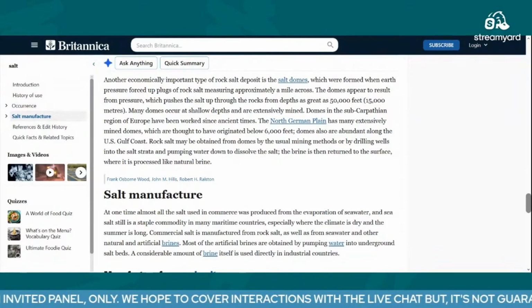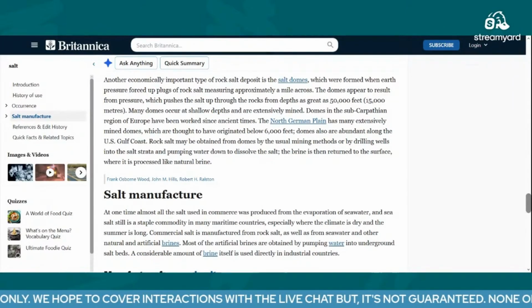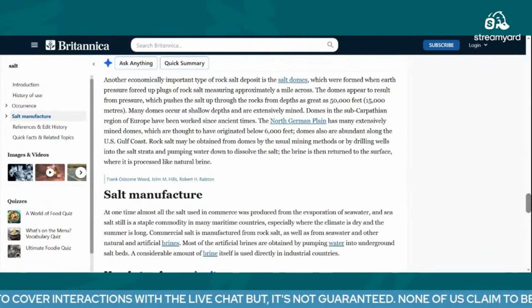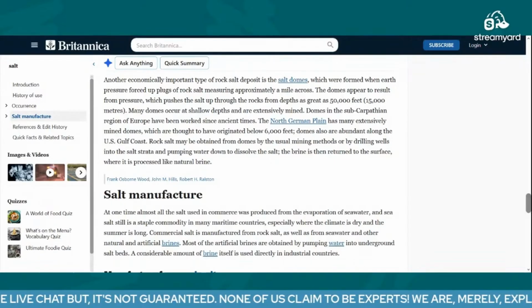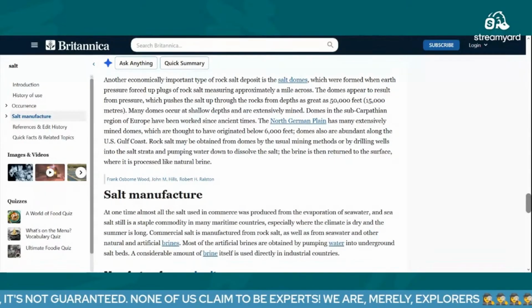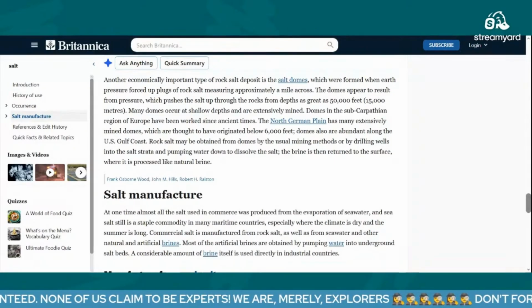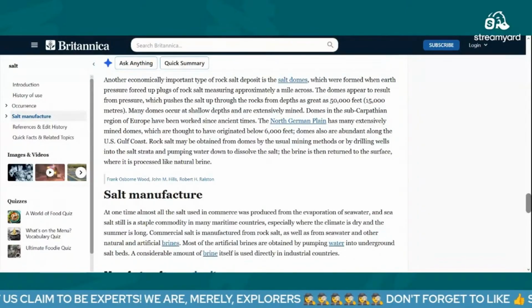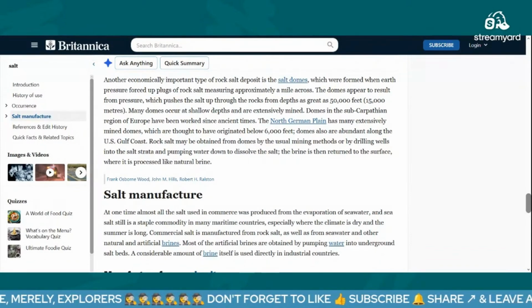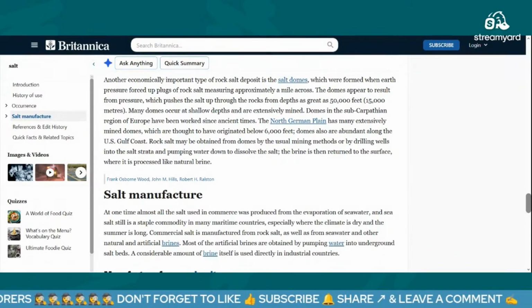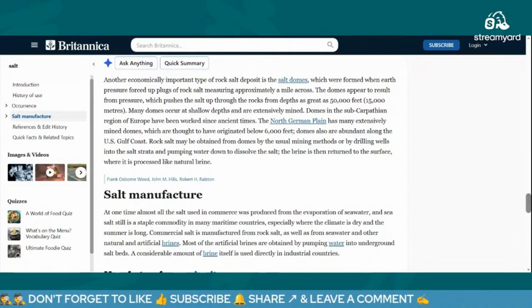Many domes occur at shallow depths and are extensively mined. Domes in the Subcarpathian region of Europe have been worked since ancient times. The North German plain has many extensively mined domes, which are thought to have originated below 6,000 feet. Domes also are abundant along the US Gulf Coast.